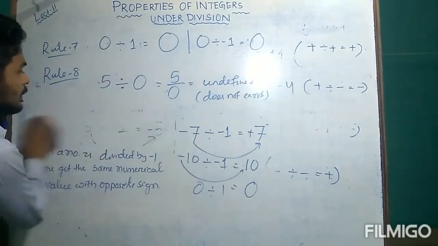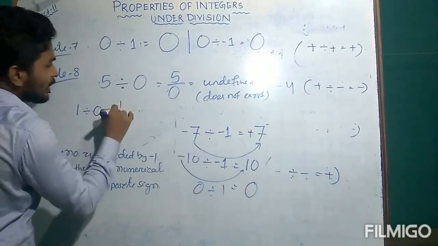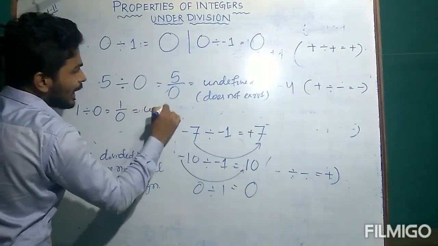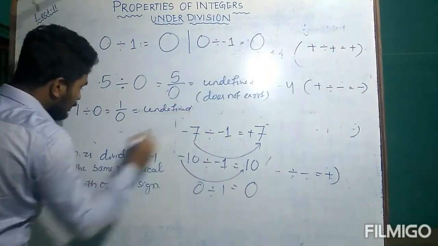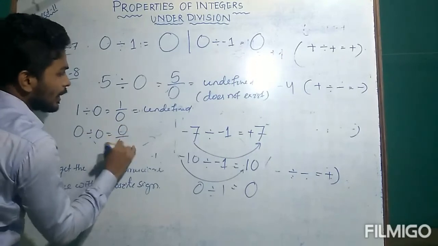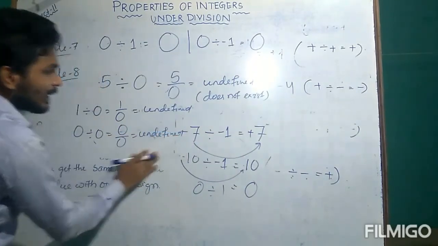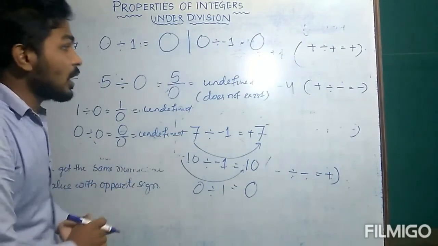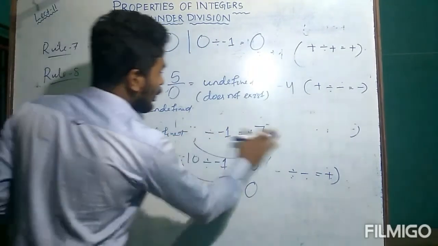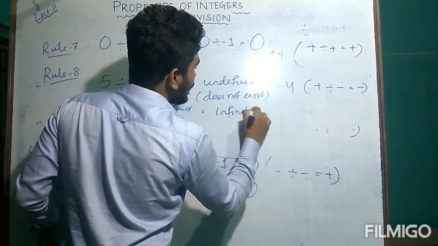If you find the value of 1 divided by 0, you also get undefined. If you find 0 divided by 0, you also get undefined. Or you can say does not exist, or infinite.